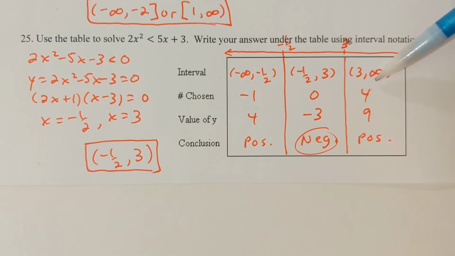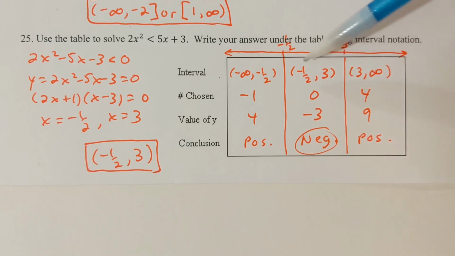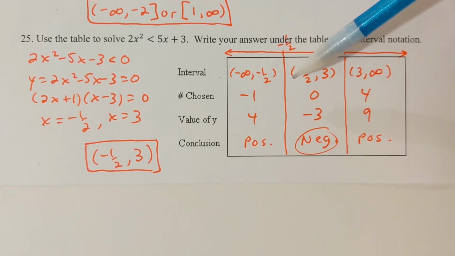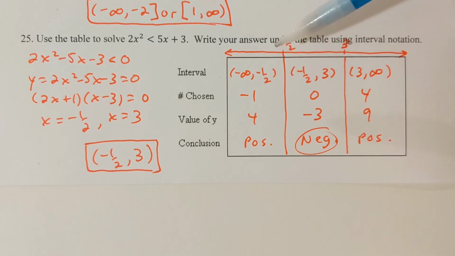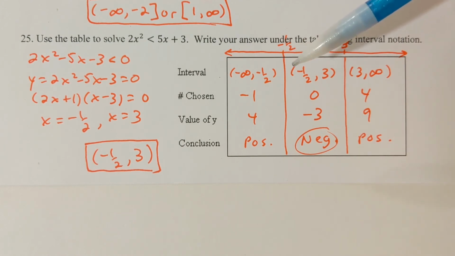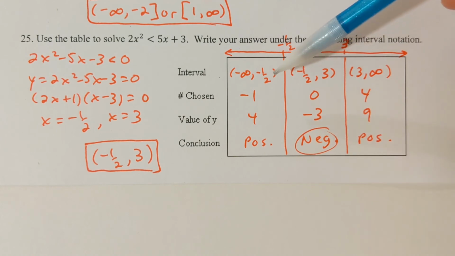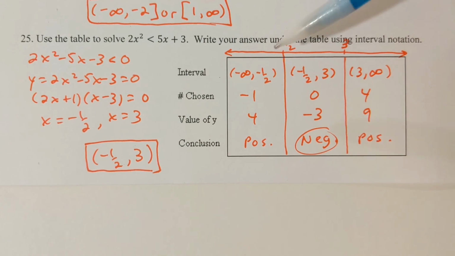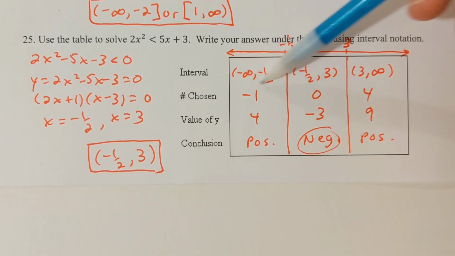Okay, so now I'm ready to choose my test values here. So in the first group, I need a number that is less than -1/2. And by the way, of course, make sure that you're selecting a number that is actually in the group. I see more than I should where a student selects a number that's not even in the group. Like in this problem here, they'll be using x equals 3 or something like that. 3 is not in this interval.